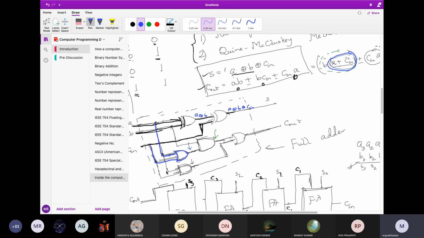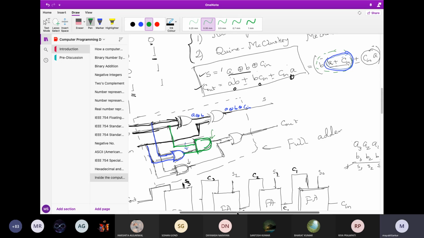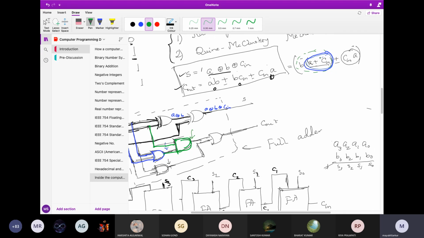Along with this, you are multiplying this B line. You are multiplying, in fact, you are doing the AND with the B line, and this is what you are getting.